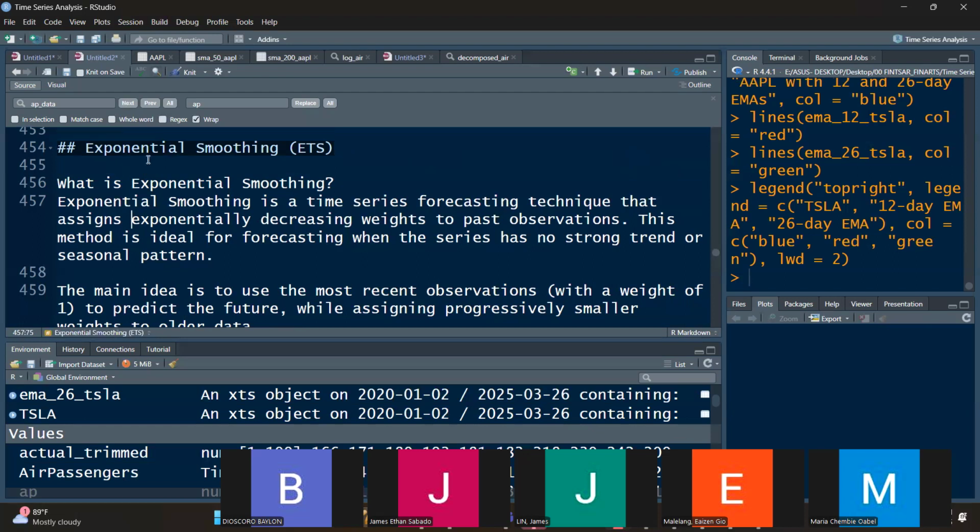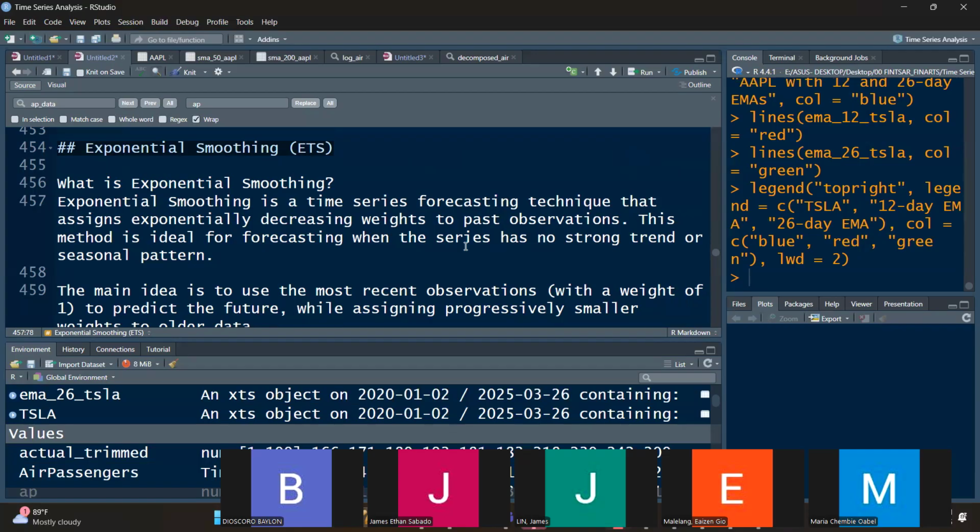That's why it's called exponential smoothing. EMA and SMA are also smoothing techniques, but SMA just uses equal factors. EMA is varied, however, it's randomly assigned. For exponential smoothing, we assign exponentially decreasing weights.